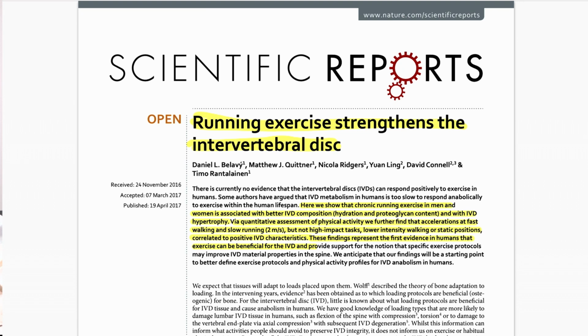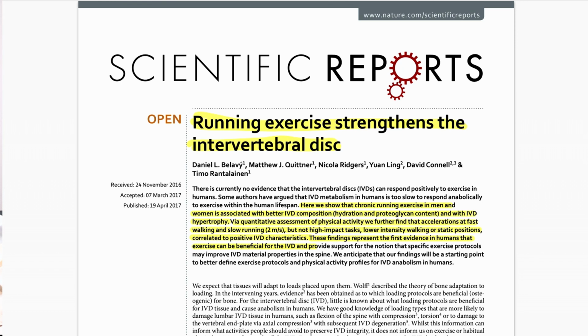Now if we look at this journal called Running Exercise Strengthens the Intervertebral Disc. Okay, here it shows that chronic running exercise in men and women is associated with better intervertebral disc composition in terms of hydration and content, and with hypertrophy of the disc.